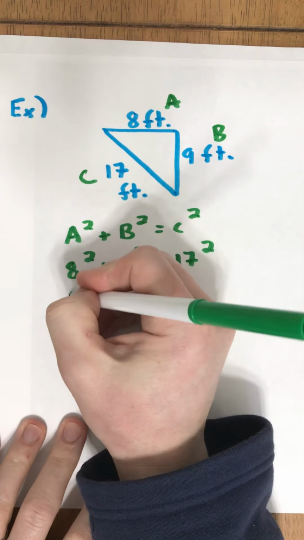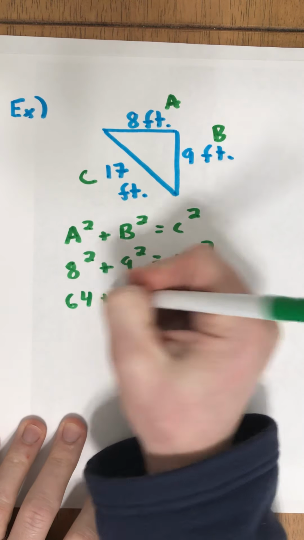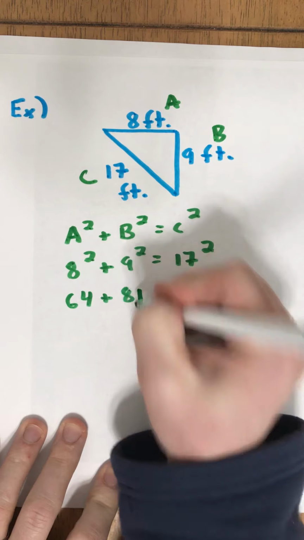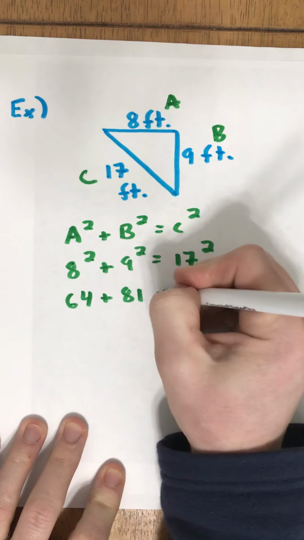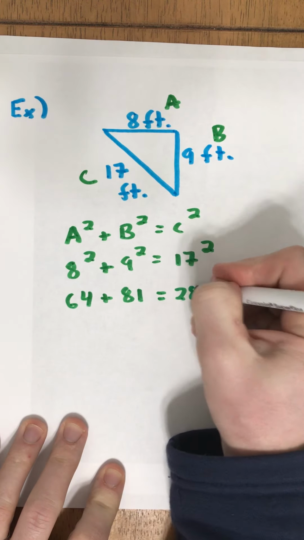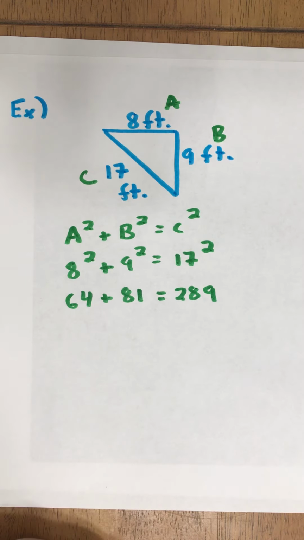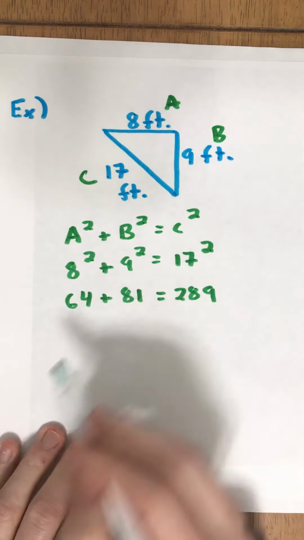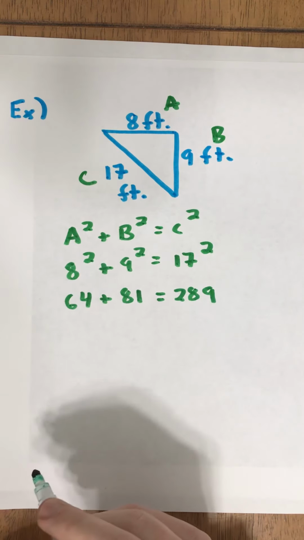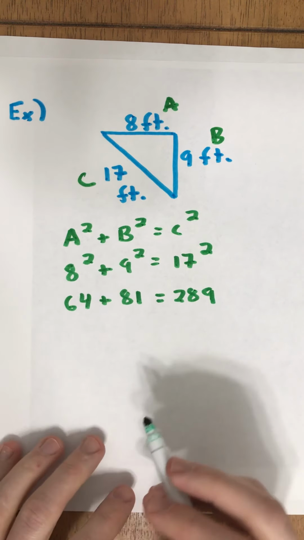8 squared is 64, 9 squared is 81, and 17 squared is 289. Now if I add these two numbers up and it gives me 289, then this is also going to be a right triangle. If it ends up being anything other than 289, then it's not a right triangle.